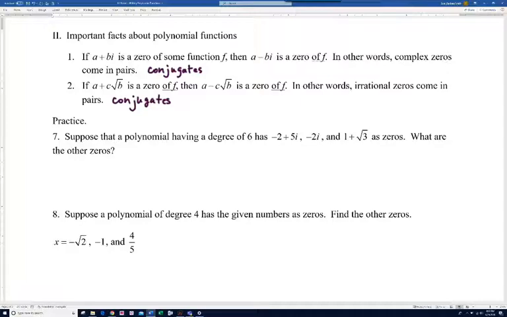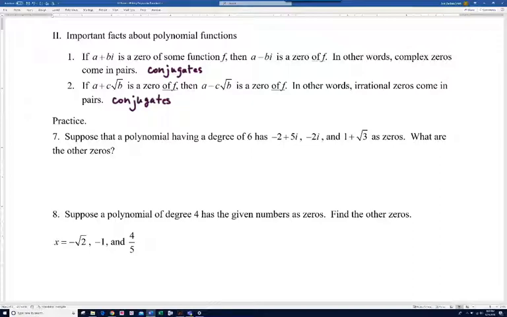Think about when we were using the quadratic formula. There were a lot of times when we'd get an answer with a radical or an answer that was imaginary. And they always came in pairs because of that plus or minus. And so it makes sense that they would come in pairs.